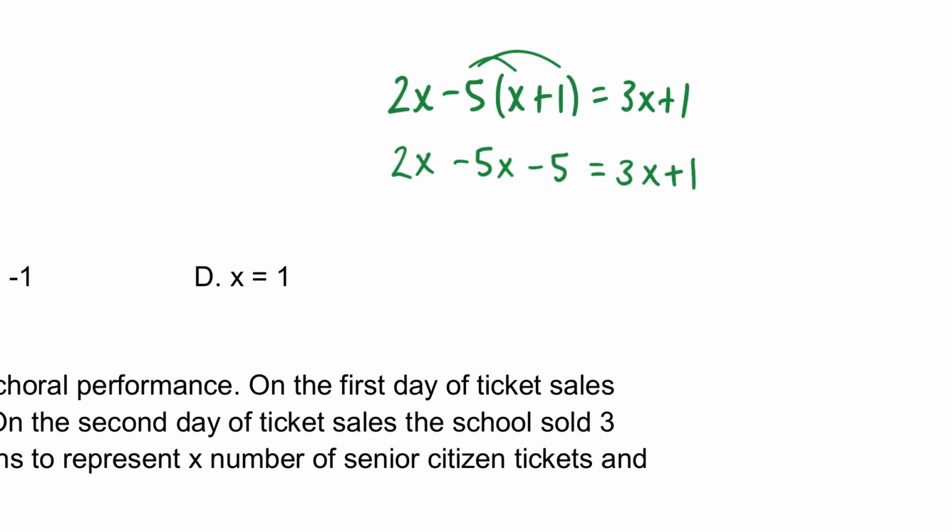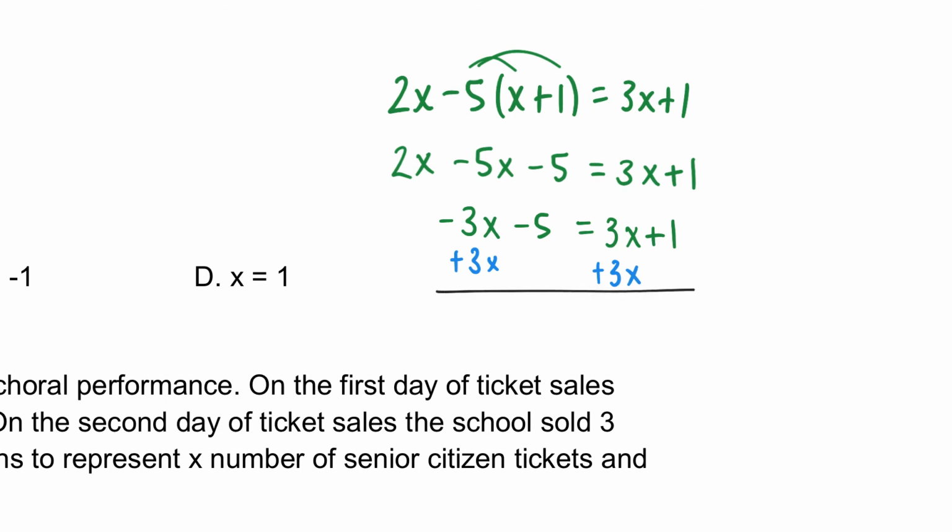Let's combine our like terms here. So 2x and negative 5x make negative 3x, minus 5 is equal to 3x plus 1. I personally like having my x's be positive, so the easiest way to do that is to add 3x to both sides so that I end up with positive 6x on the right.